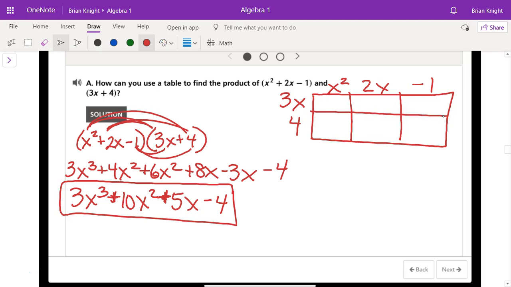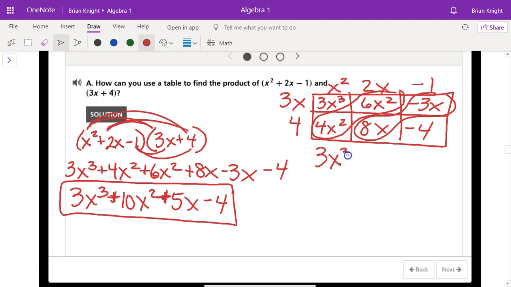And you do it the same way. 3x times x squared is 3x cubed. 3x times 2x is 6x squared. 3x times negative 1 is negative 3x. 4 times x squared is 4x squared. 4 times 2x is 8x. 4 times negative 1 is negative 4. You add your like terms up, and you get the same thing. 3x to the third plus 10x squared plus 5x minus 4.